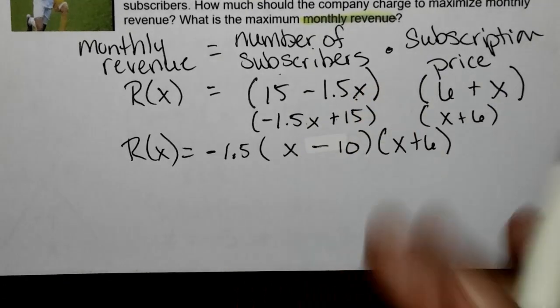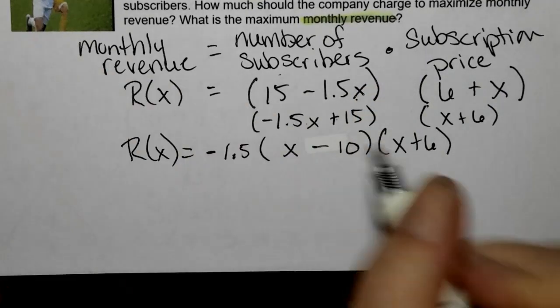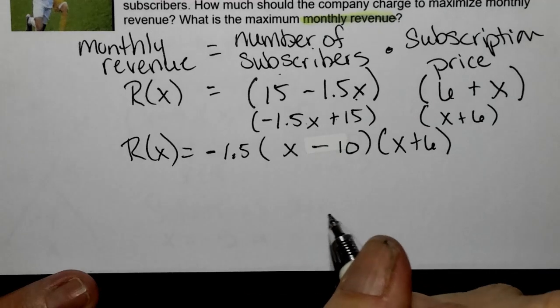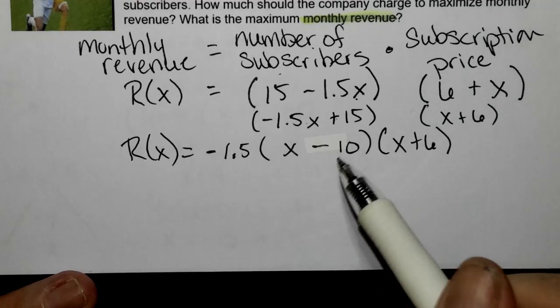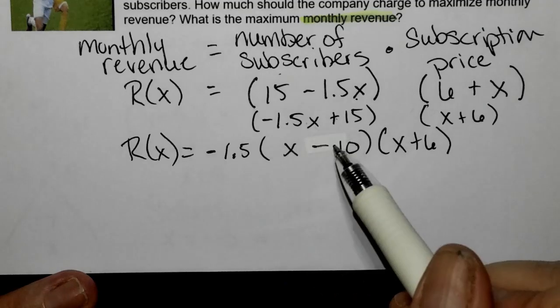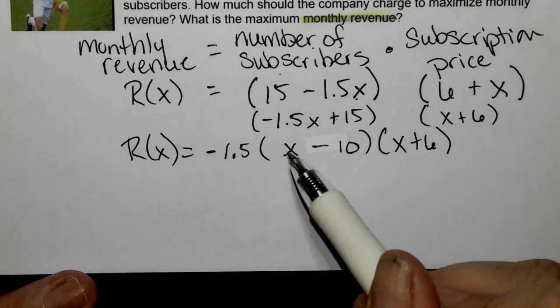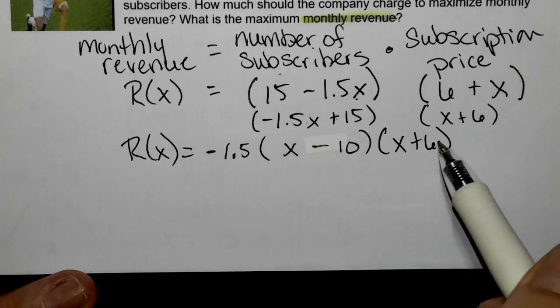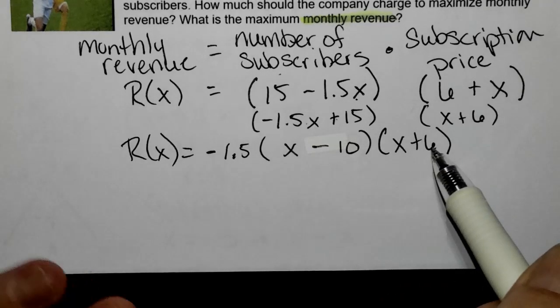We take our two x-intercepts and divide by 2. Keep in mind, from chapter 2, the x-intercepts come out as the opposite, because this is technically x minus p, x minus q. So that's going to be a negative 6.